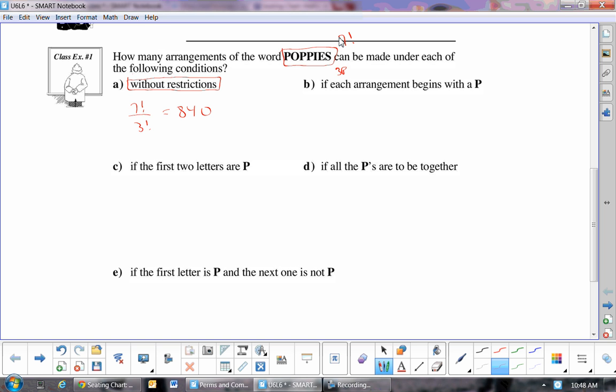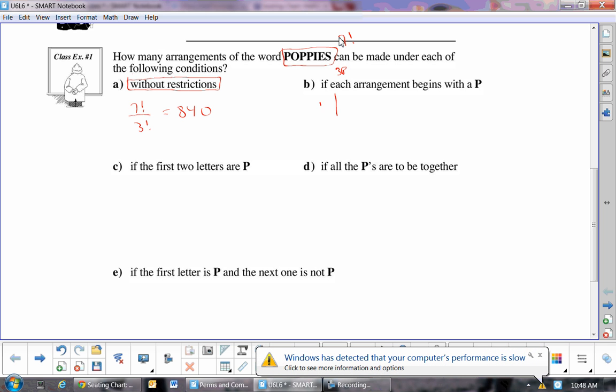It does. Basically, I get to take that out of the pool, and I'm just going to concentrate on the next 6. So one way to do it is to throw it out. It's out of the pool. You've already told me it's the first letter.